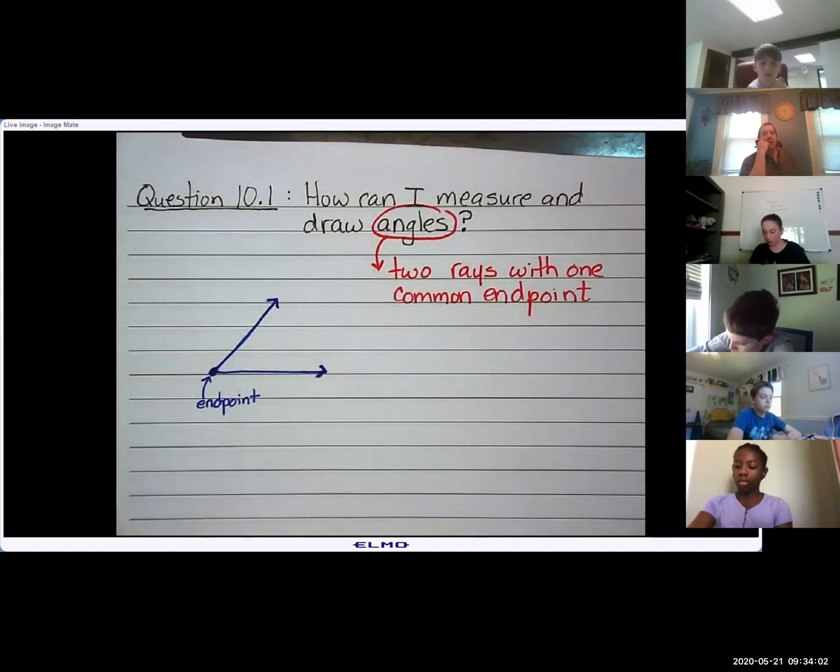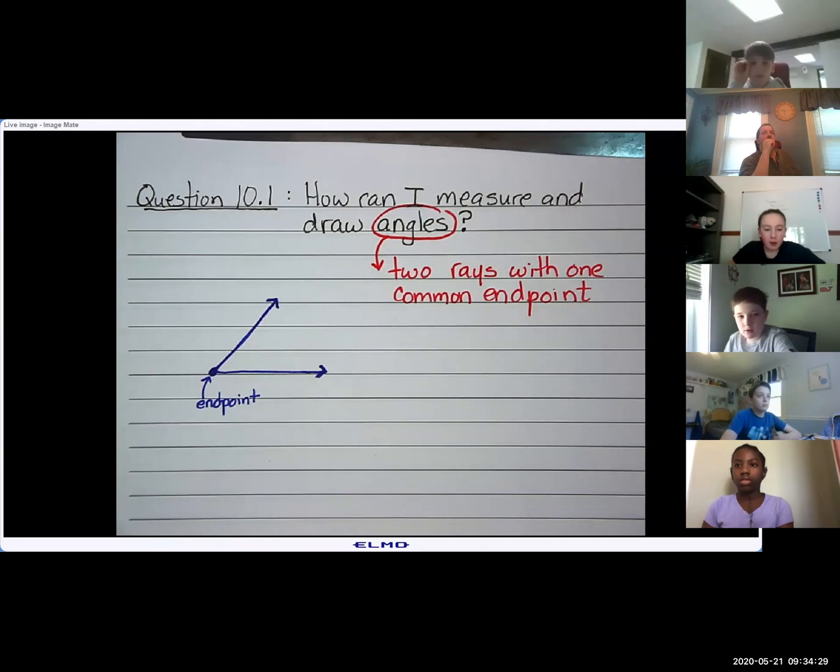What's the difference between a ray and a line? Does anyone know the difference between a ray and a line? Marcello. A ray goes on forever and the line stops at some point. No. Good guess. Anyone else?